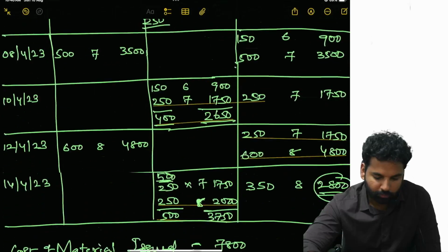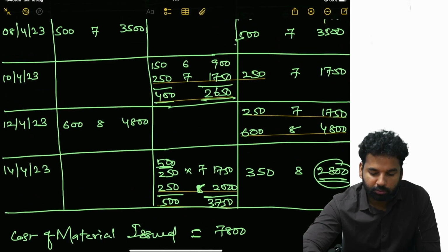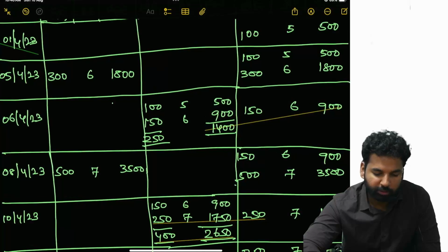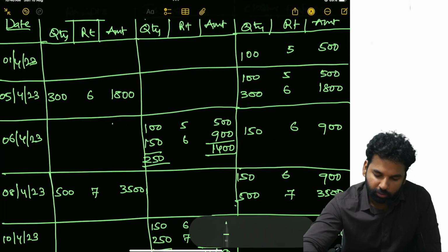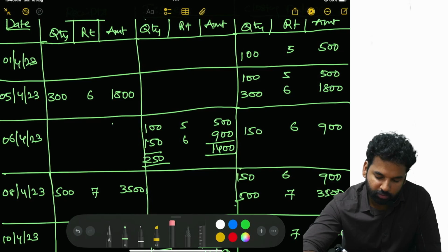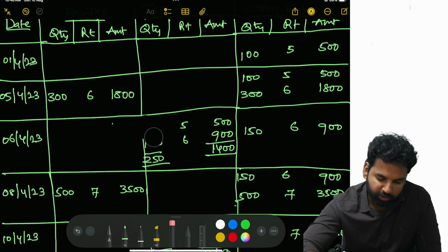Okay. So now LIFO method. In LIFO method, all this will be the same. Just what will change? Issues will change, so closing stock will change. Purchases are the same.